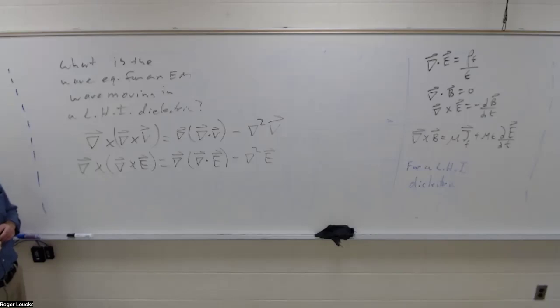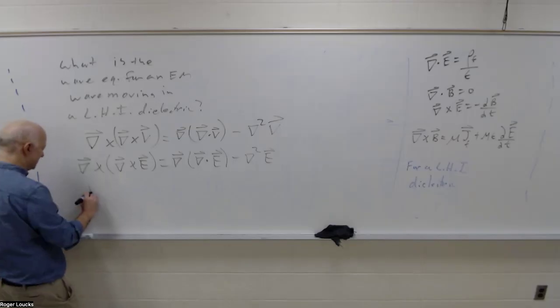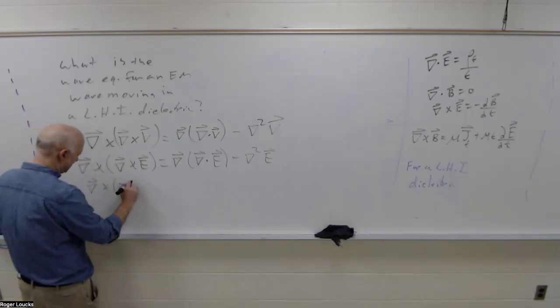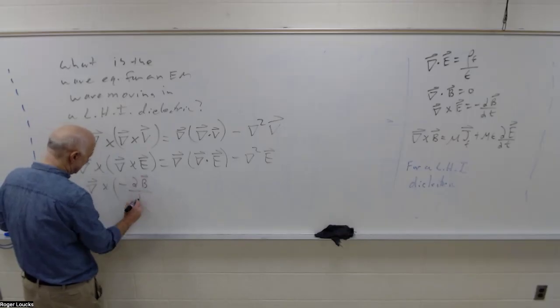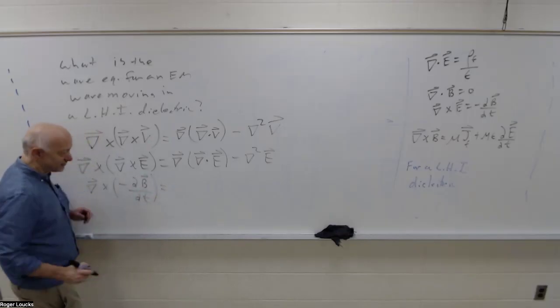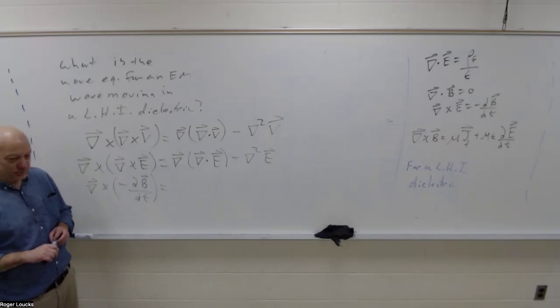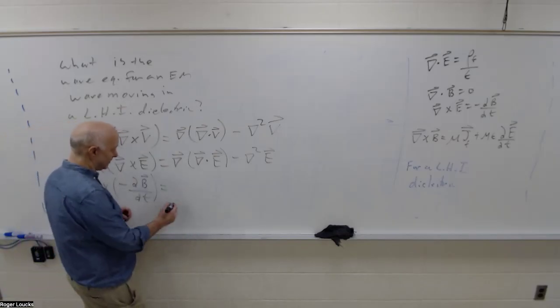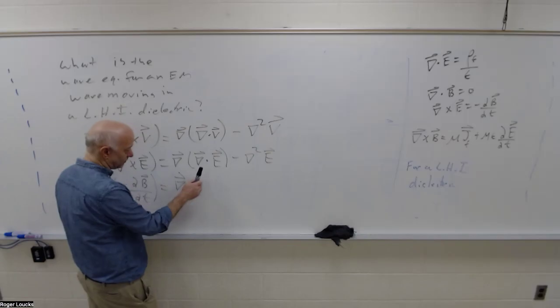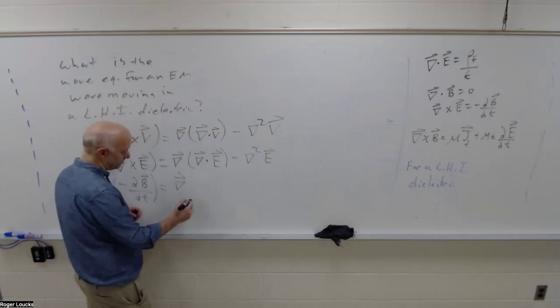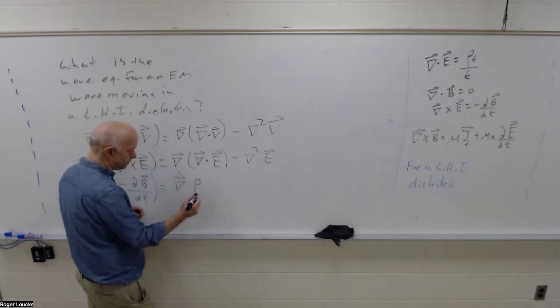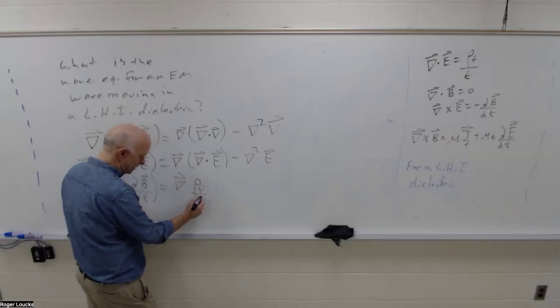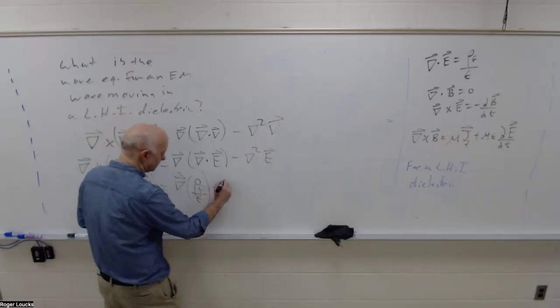The curl of E is just this one. There it is. Okay, good. Now work down. It's Gauss's law. So the gradient of this goes to rho free over epsilon.